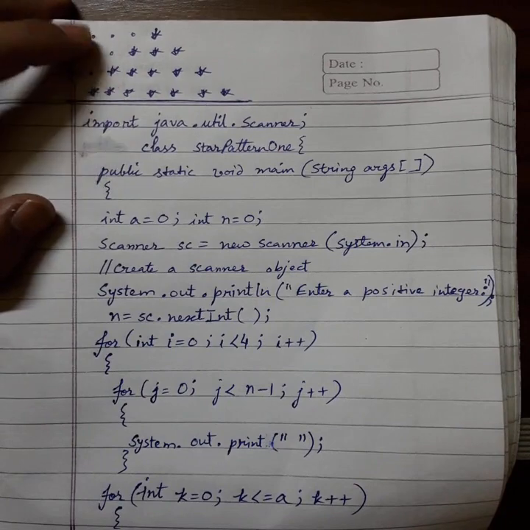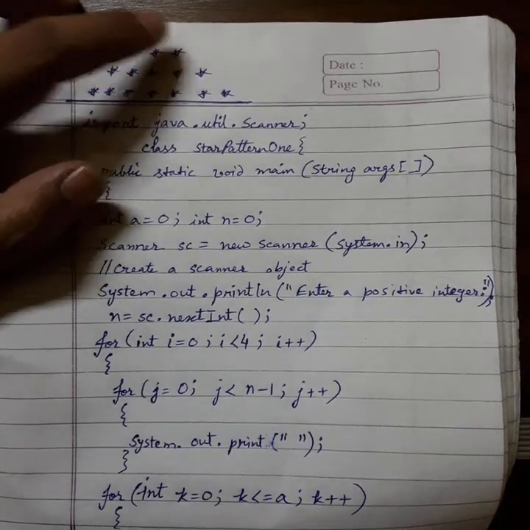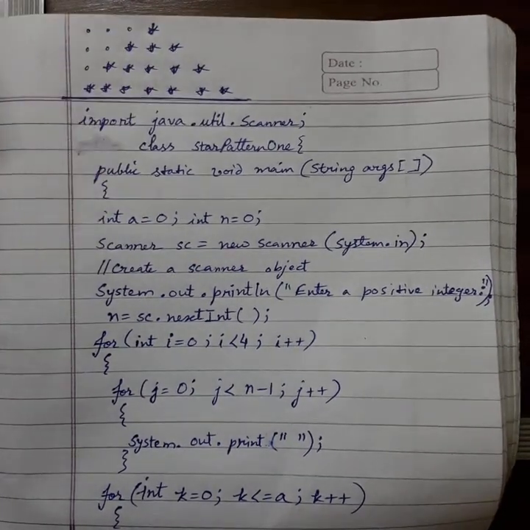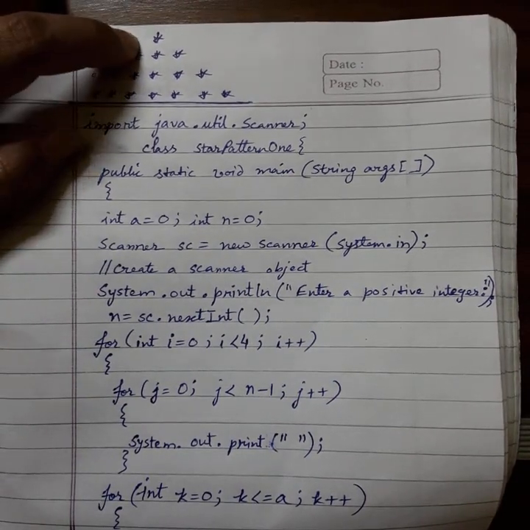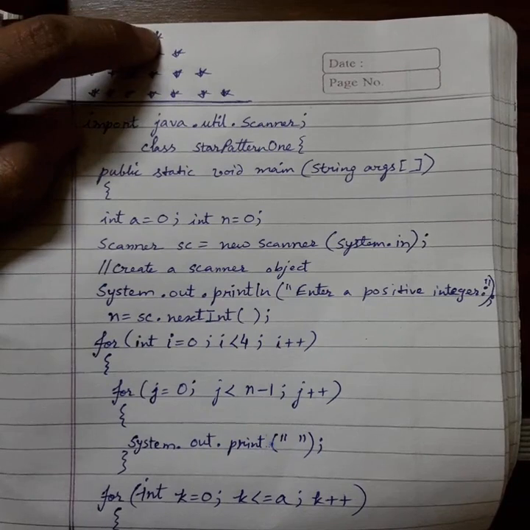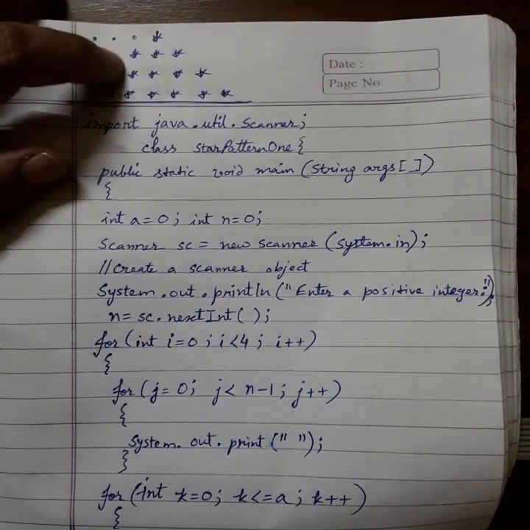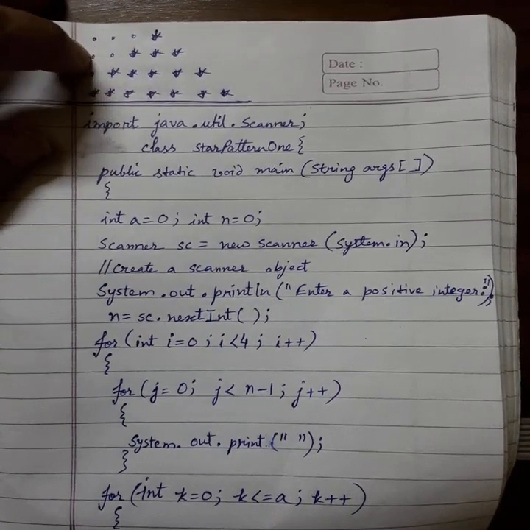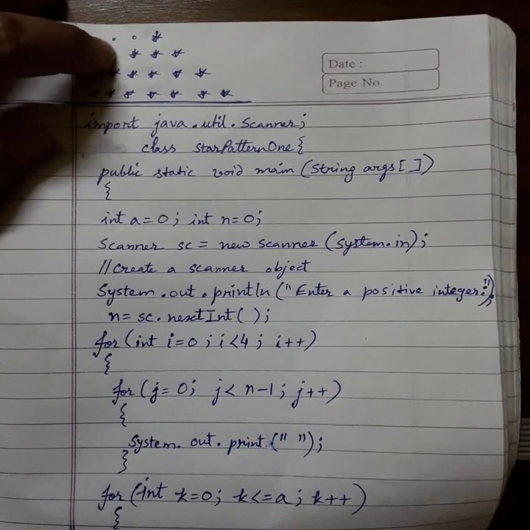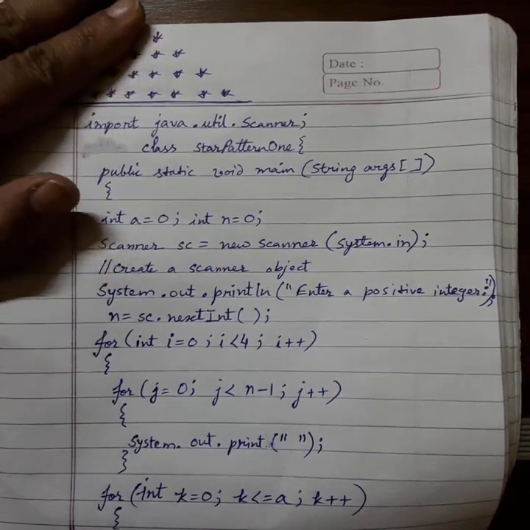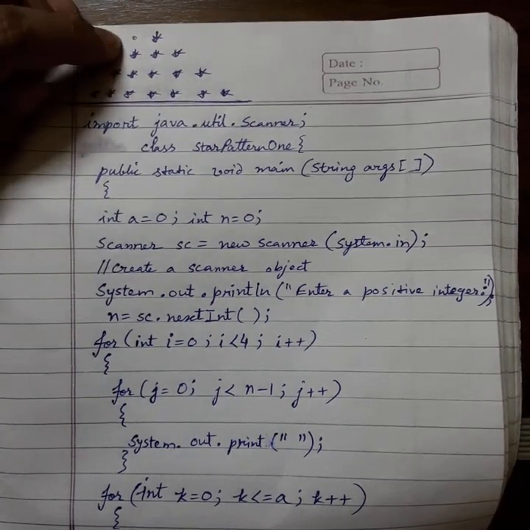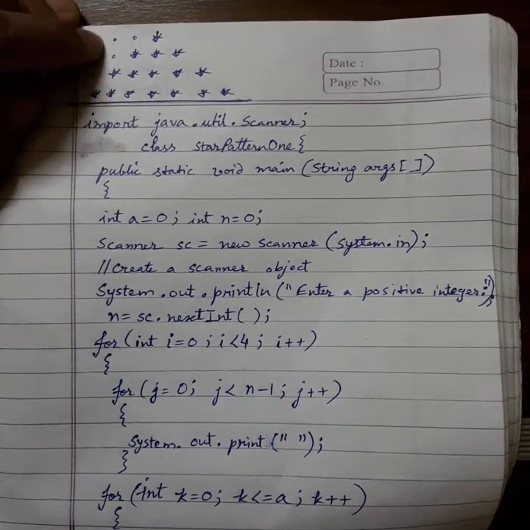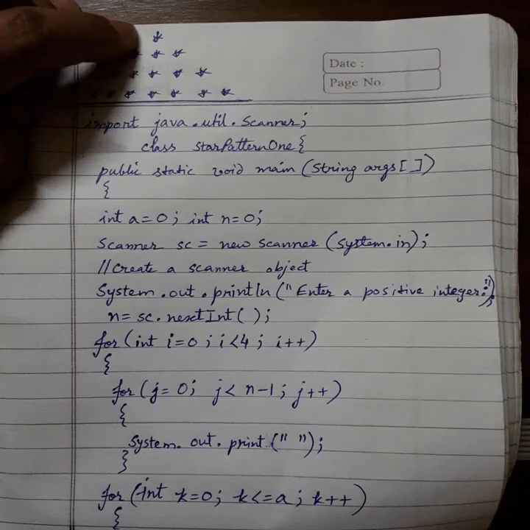Notice the patterns. In each line there is a set of spaces and a star. I have denoted these as spaces. I have given the dots in order to explain to you. These are spaces, that is, empty spaces.